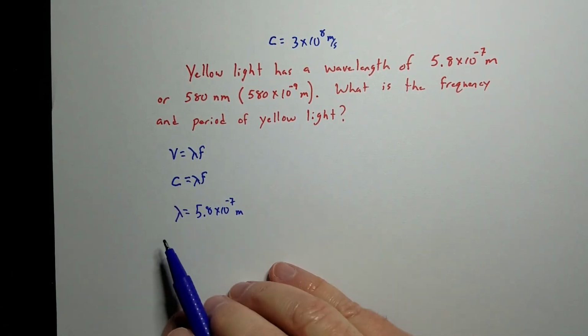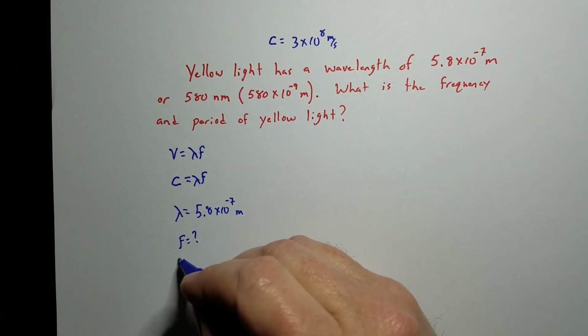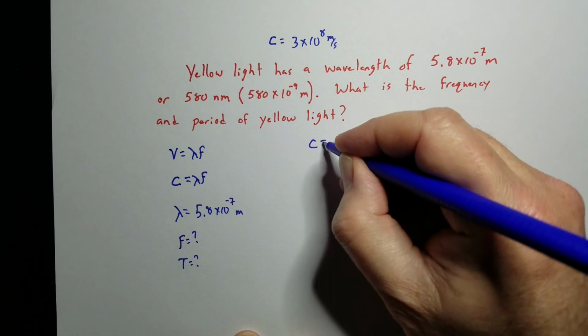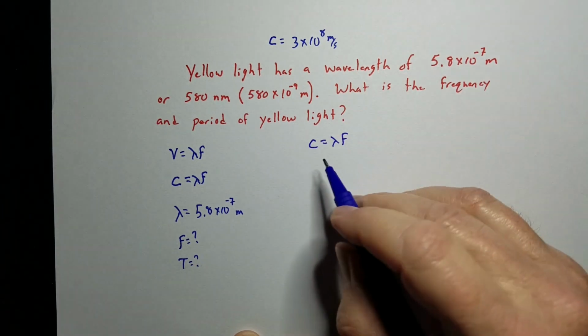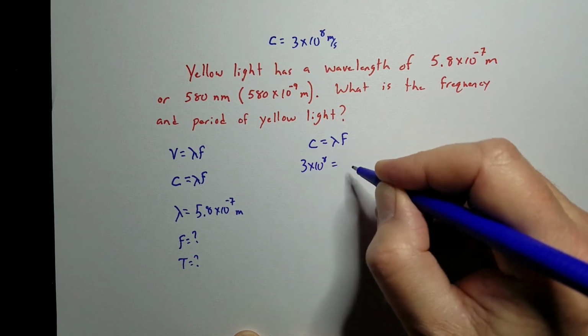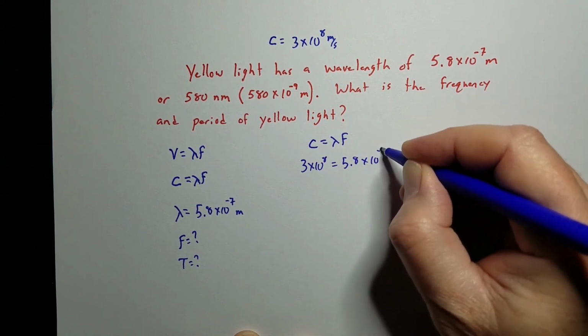So now that we know this, I'm looking for frequency and the period. So c equals wavelength times frequency. Again, that's velocity. 3 times 10 to the 8th equals 5.8 times 10 to the minus 7 times frequency.